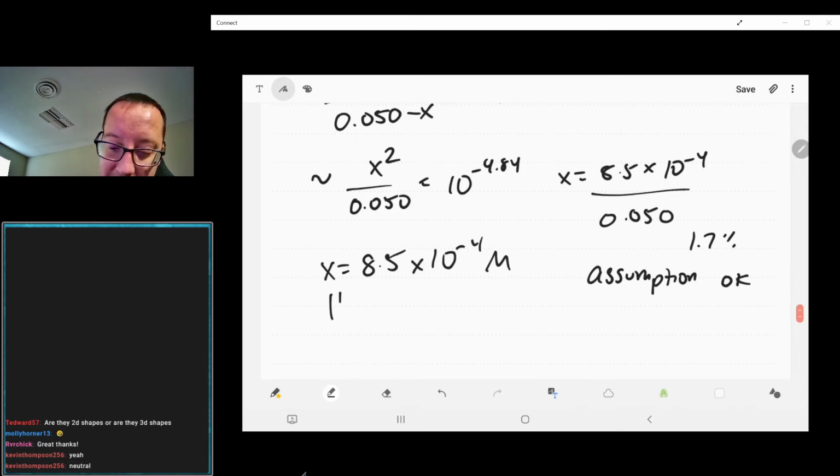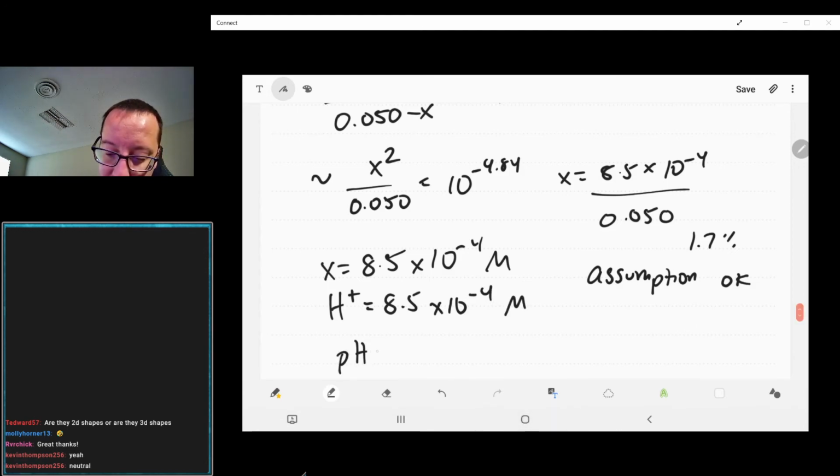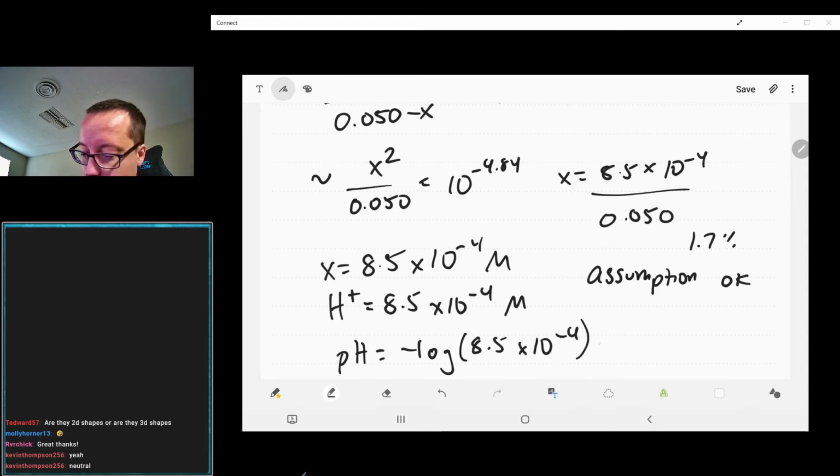And remember, x is equal to our hydrogen ion concentration. So the pH would be the negative log of that. Let's take the log of the answer.